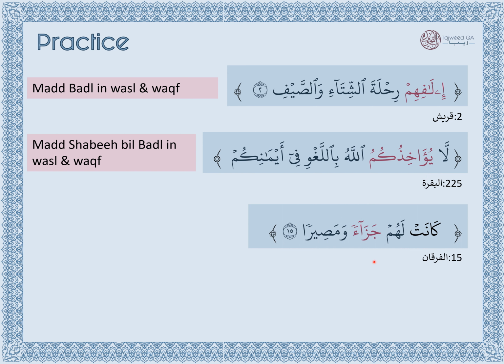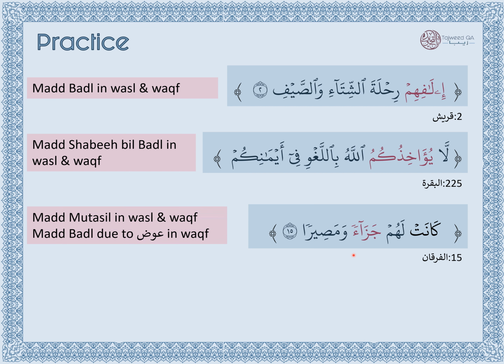Here in jaza'an wa masiran, on the alif, which has a mad sign on it, we have mad muttasil in wasl and waqaf, 4 or 5 harakat, and in stopping we stop on the hamza, we stop on the tanween which is written above the hamza.